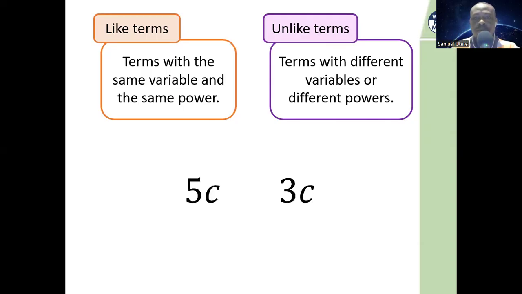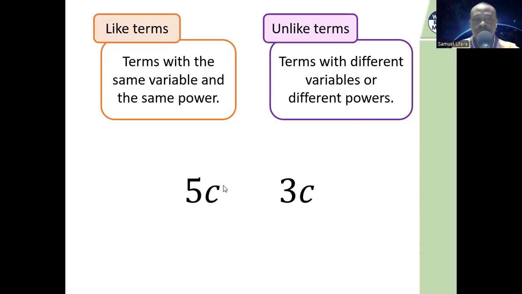Let's look at some examples. Thinking about the way we've explained what like and unlike terms are, what do you think? Now look at these two. You'll see that 5 has c and 3 has c next to it. So we have satisfied the first condition: we have the same letter c.